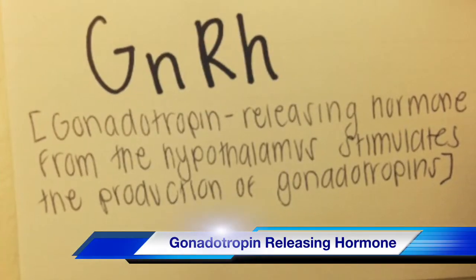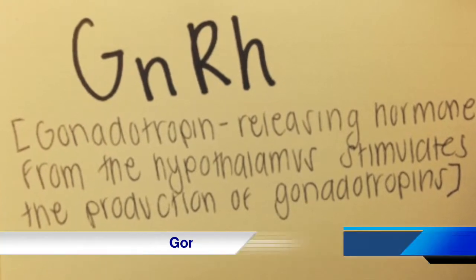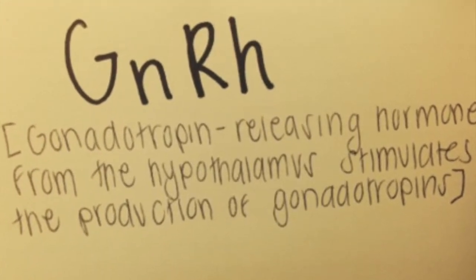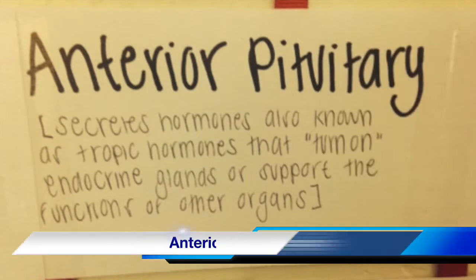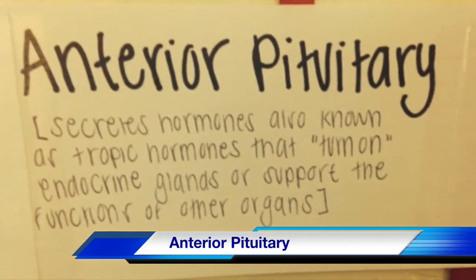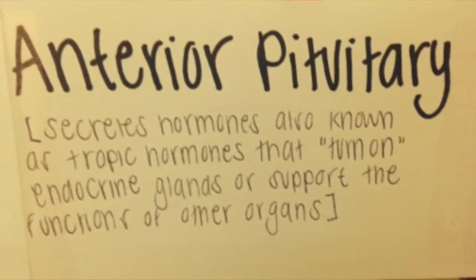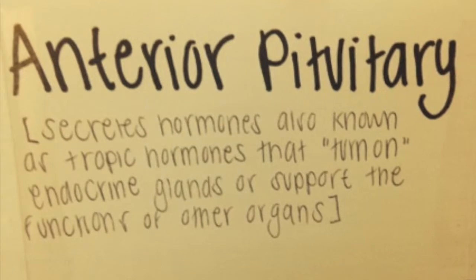The third and last hormone we'll cover from the hypothalamus is gonadotropin-releasing hormone, which stimulates the production of gonadotropins. All of these hormones reach the anterior pituitary, which secretes hormones known as tropic hormones that turn on endocrine glands or support the functions of other organs.